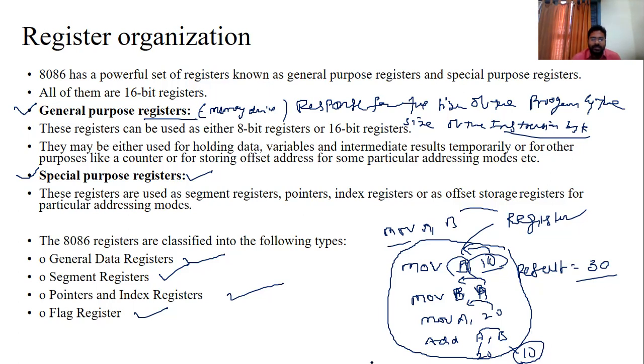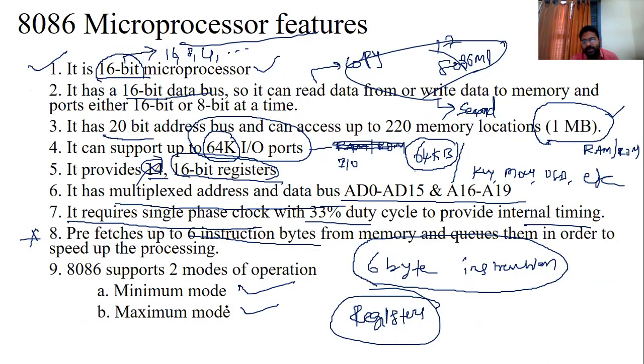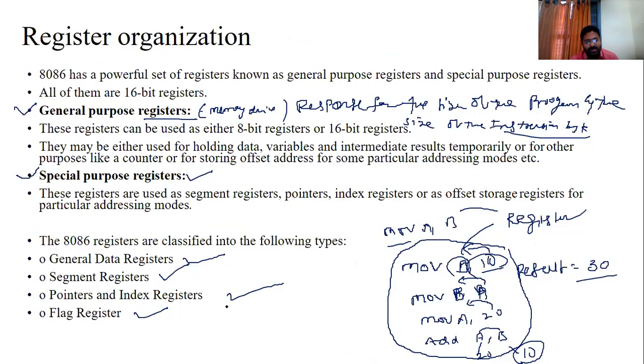Again, why are there 16-bit, 8-bit, and 32-bit registers? In 2010, it had only 64-bit registers. Now it is available in 128-bit registers because of so many factors. The main thing is the size, and next is the cost. If the number of bits increases, the cost also increases.